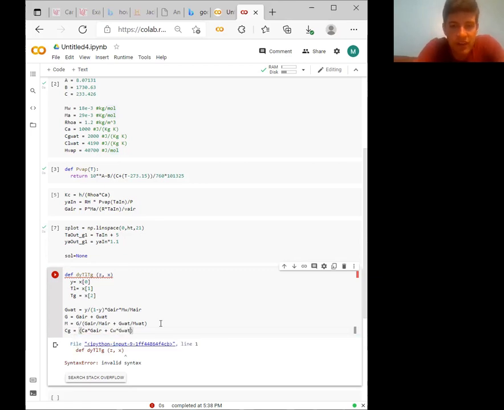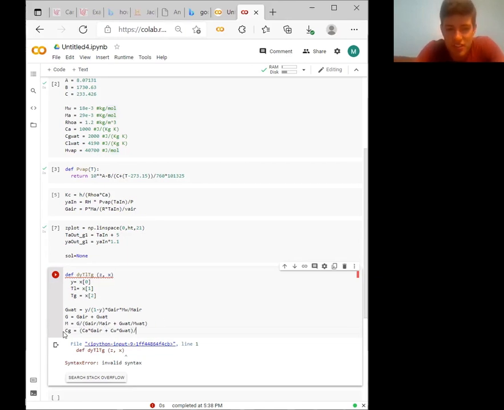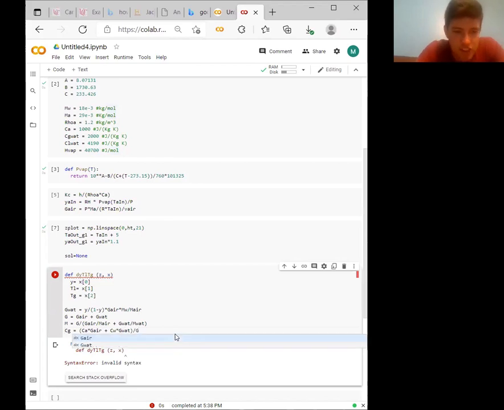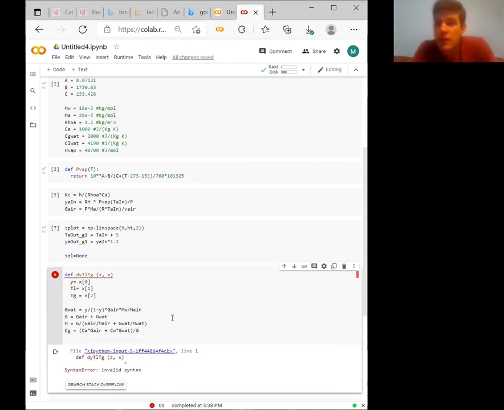Wait, what am I doing? I have to divide that by G, as we just did up here. This is another system of equations. It's just manipulating equations. This is divided by G instead of G on top this time. Oh no, not G air, just G. Okay, so this is great.